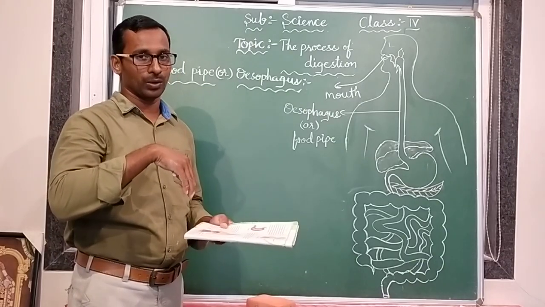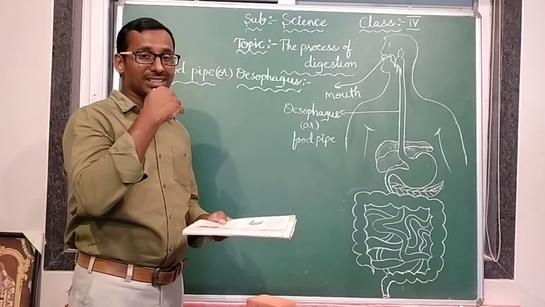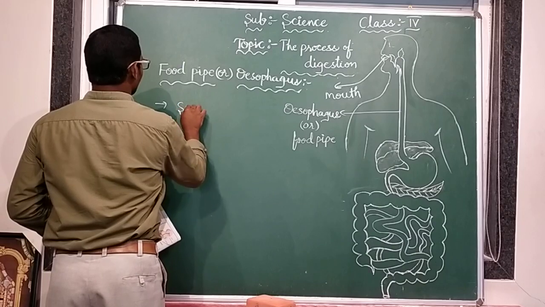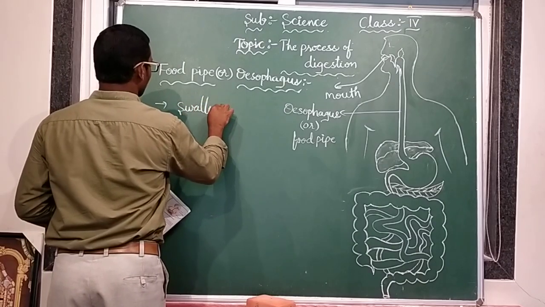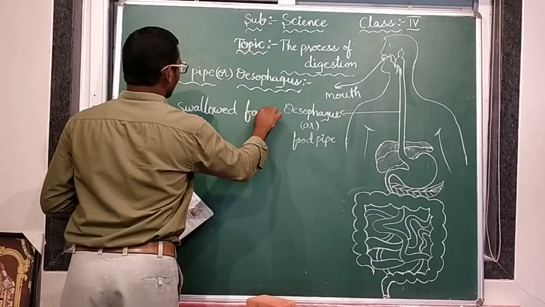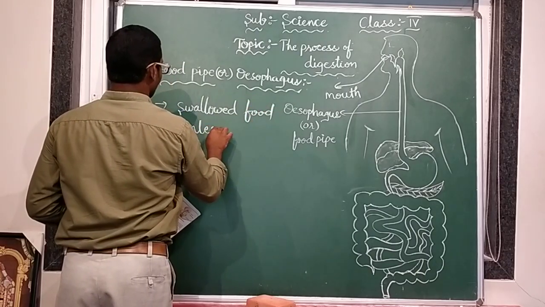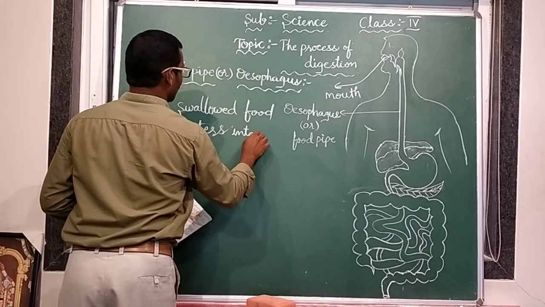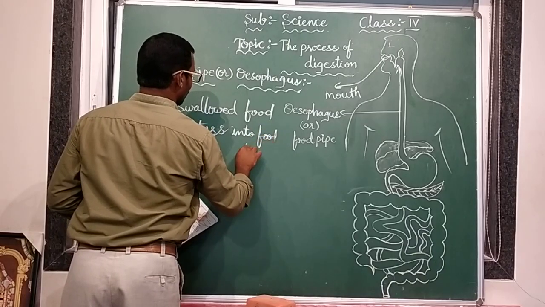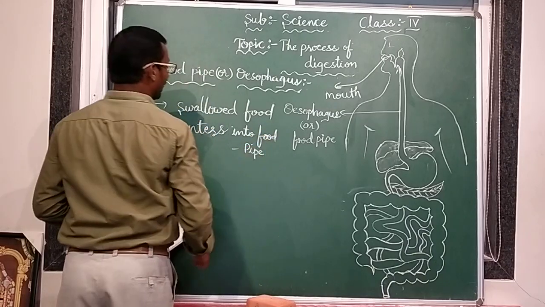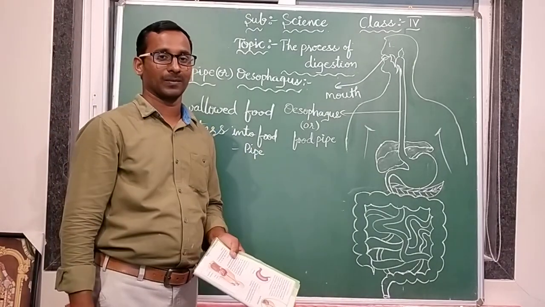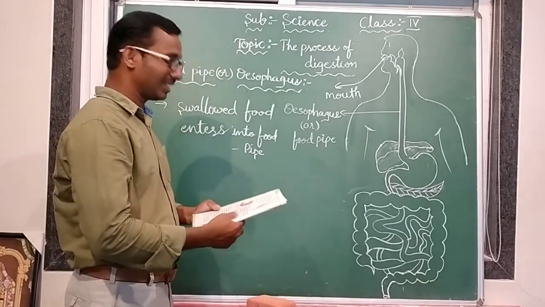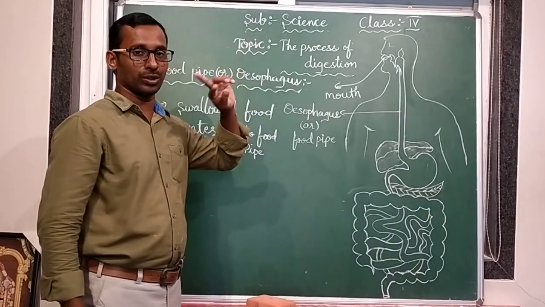So where will that swallowed food go? Swallowed food enters into the food pipe. When we swallow like this, that swallowed food enters into our food pipe. That one is also called the esophagus. Two names are there. Okay?